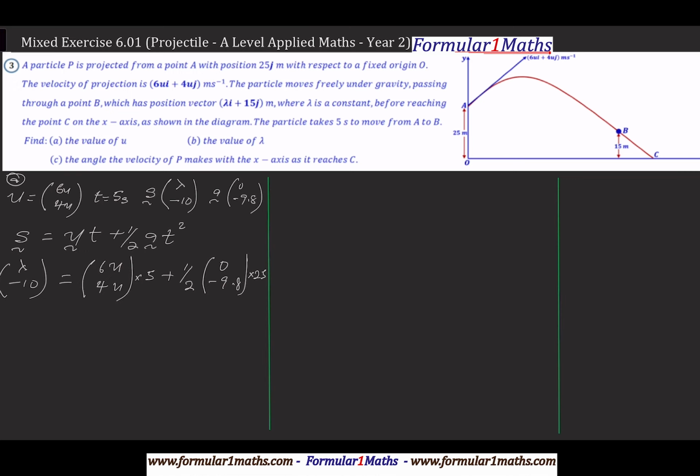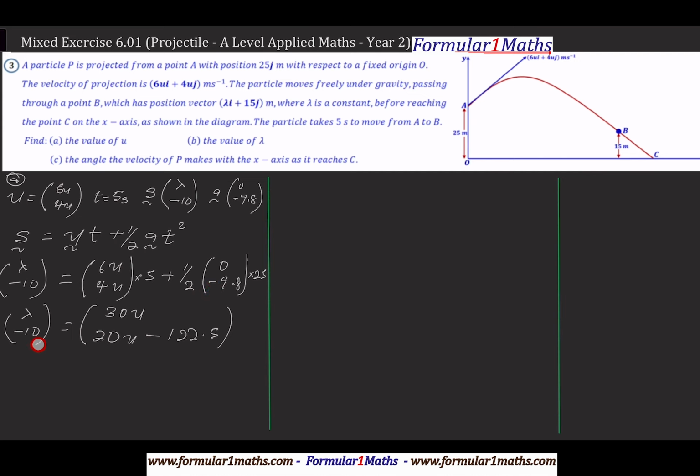So simplifying this will give lambda minus 10 is equal to 30u, and then 20u minus 122.5, and that will be 0.5 times minus 9.8 times 25.